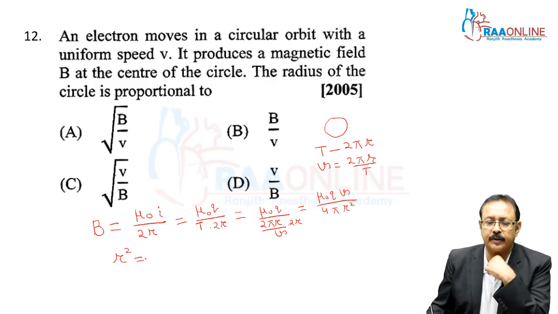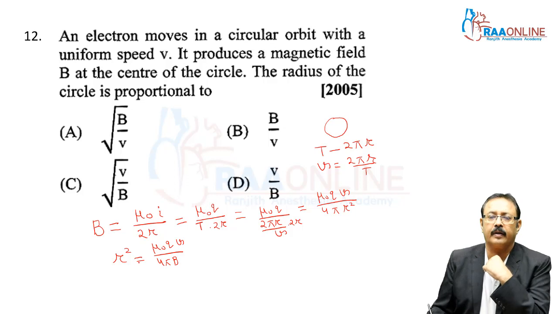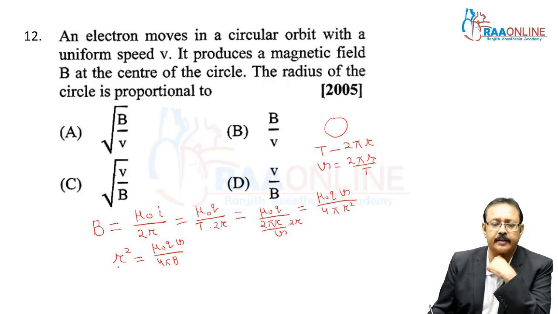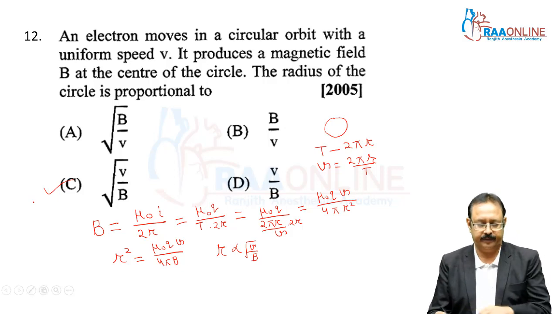R square is equal to mu naught q v upon 4 pi B. So we want to check the radius relation with v and B. So it is very clear now: R is proportional to square root of v by B. So we are going with option C.